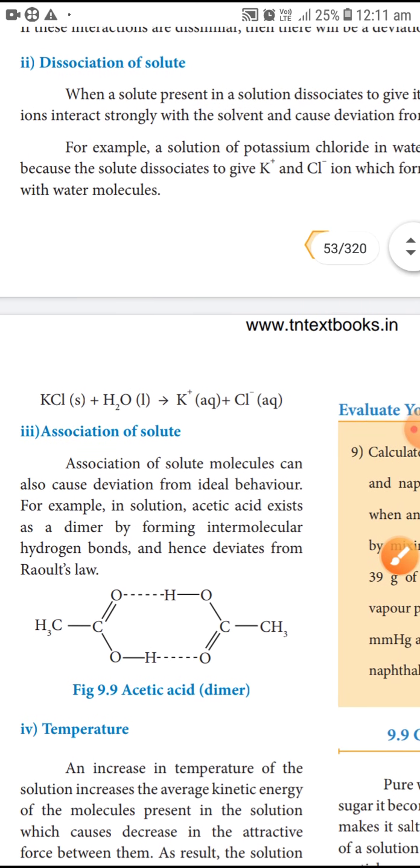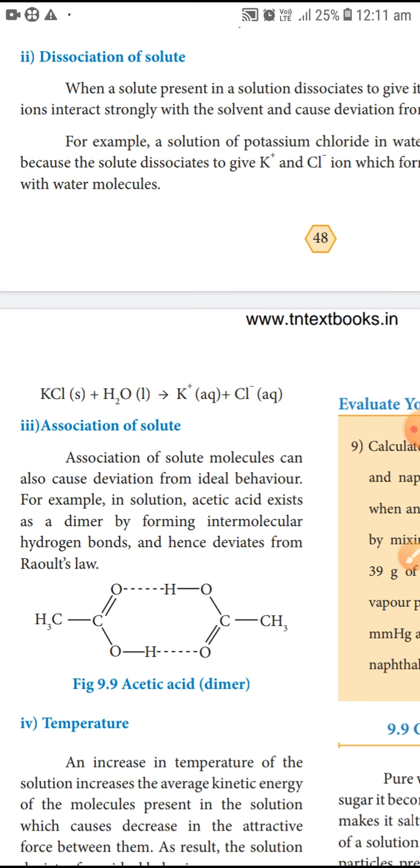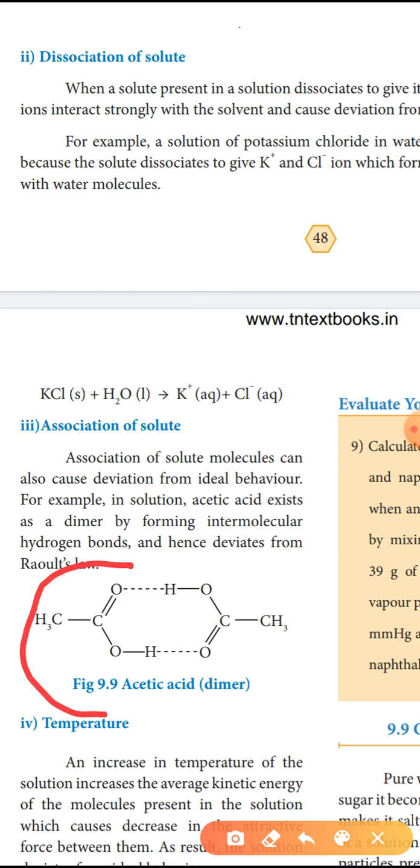Next one, association of solute. Association of solute molecules can also cause deviation from ideal behavior. For example, in a solution acetic acid exists as a dimer, that means two acetic acid structures. Here this is one acetic acid, another one acetic acid. Acetic acid is a dimer because it forms intermolecular hydrogen bonds and hence deviates from Raoult's law.